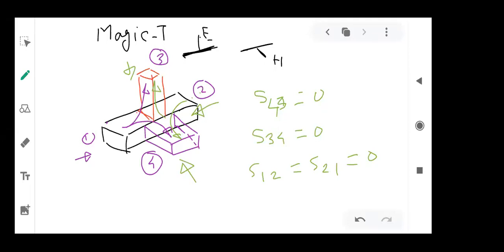Now, it's a property of the magic T, but where can we use this device? Multiple applications are there. I will take one of the cases. Let us consider that I will be using port number 4 as an input port.